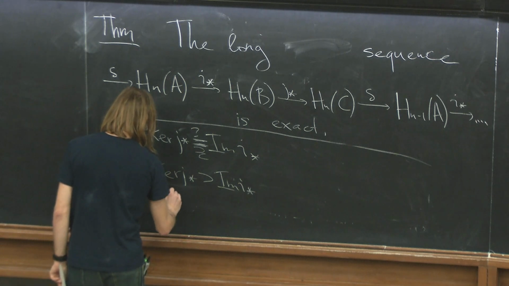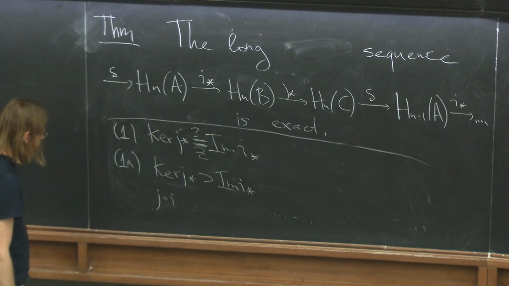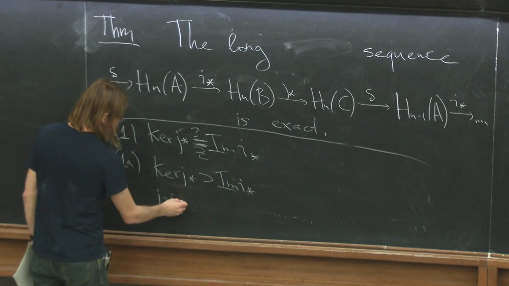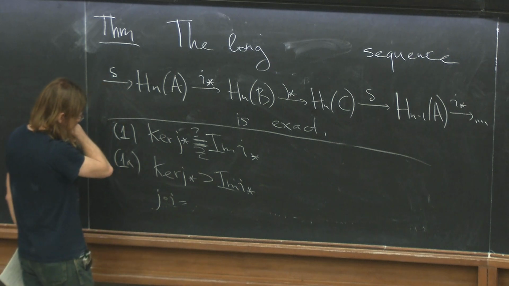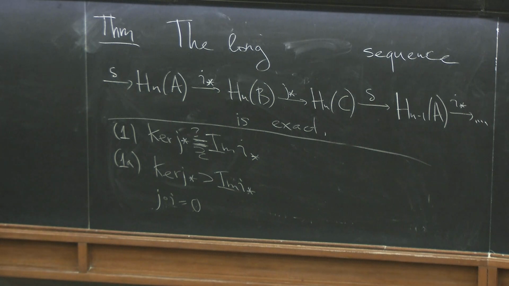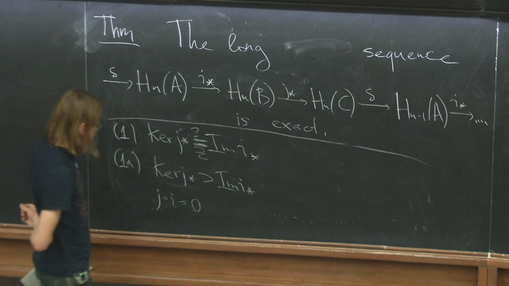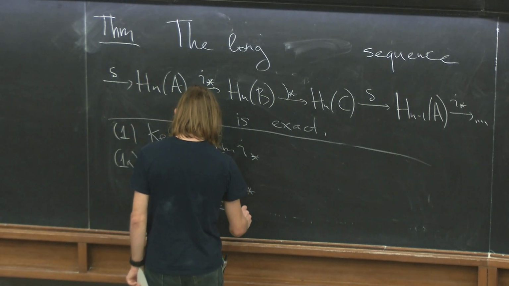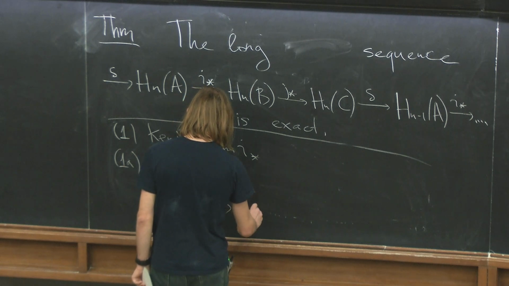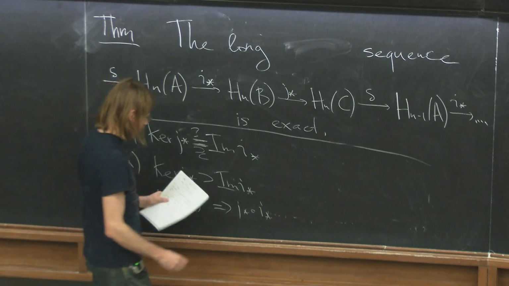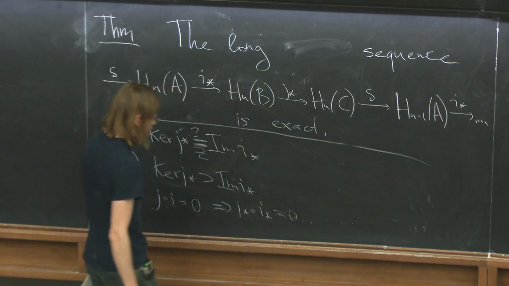We know that I and J themselves form the short exact sequence. So this composition of chain maps was 0. And this implies automatically that the composition of the induced maps on the homology groups is also 0.